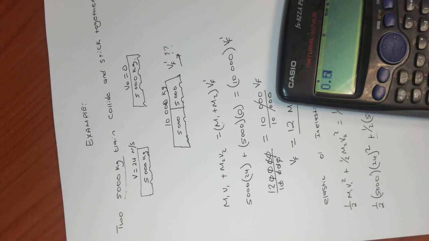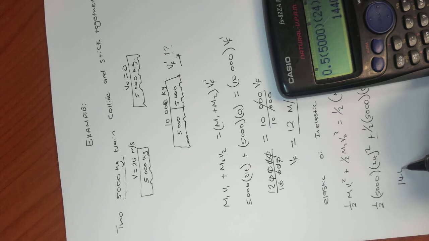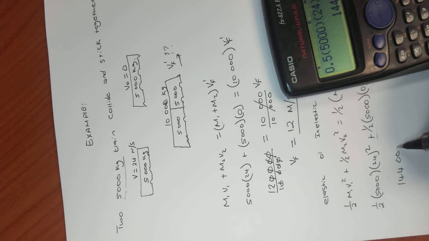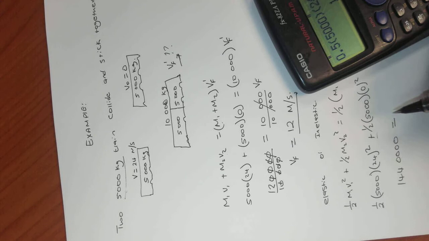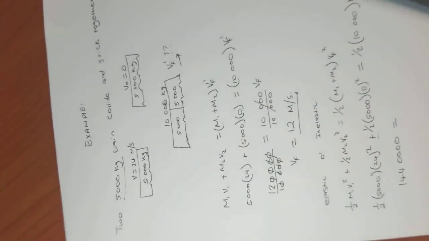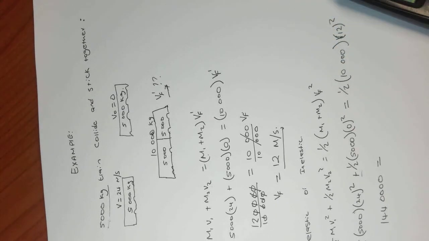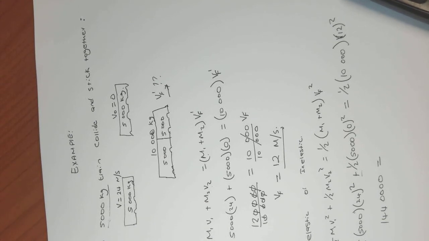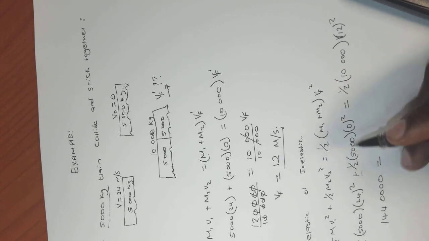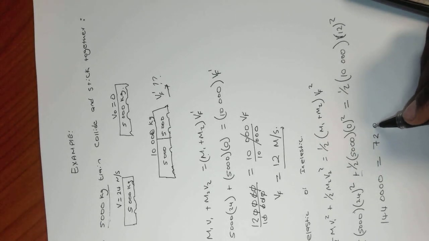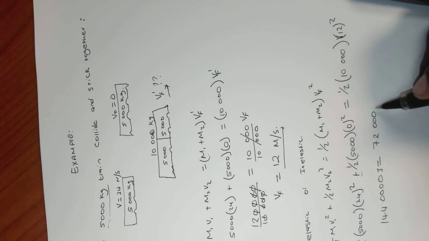So you can punch in 0.5 times 5,000 times 24 squared, which is 144,000, equal to 0.5 times 10,000 times 12 squared, which gives you 72,000. This is in joules.